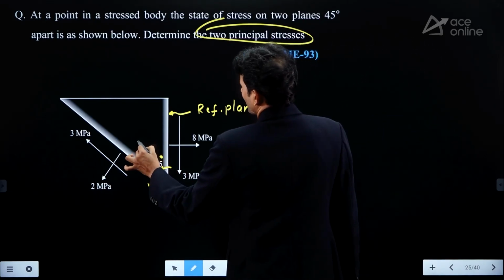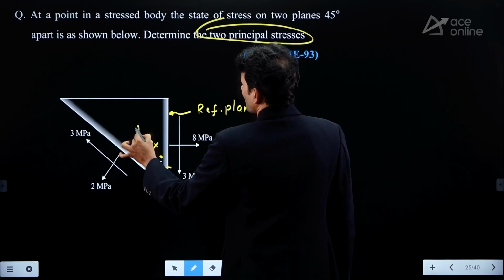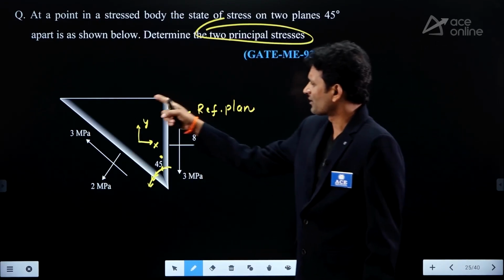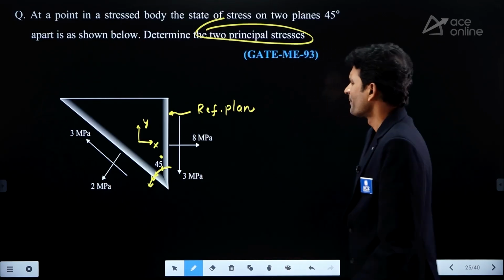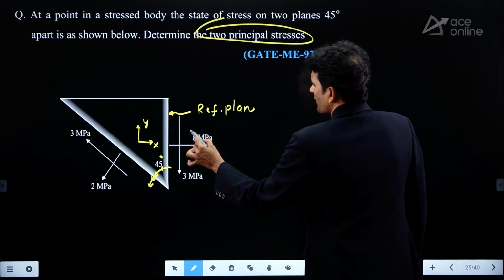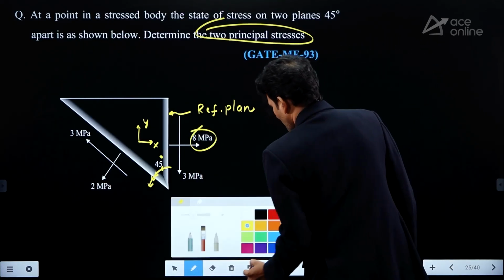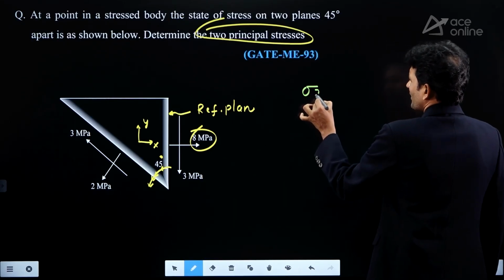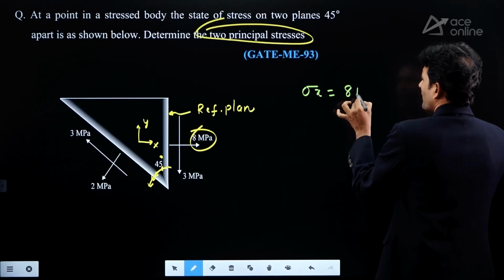Let me mark this as the x direction and this as the y direction. What is the data given from this triangular wedge? You try to extract that data. This is sigma x. So, sigma x is given as positive 8 megapascal.